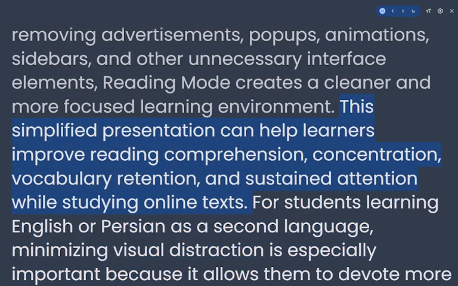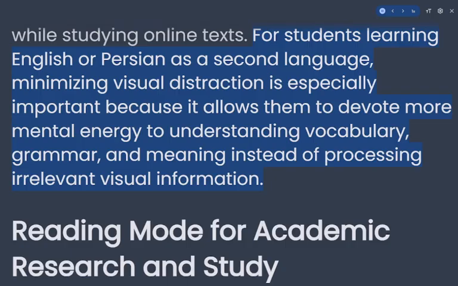This simplified presentation can help learners improve reading comprehension, concentration, vocabulary retention, and sustained attention while studying online texts. For students learning English or Persian as a second language, minimizing visual distraction is especially important because it allows them to devote more mental energy to understanding vocabulary, grammar, and meaning instead of processing irrelevant visual information.